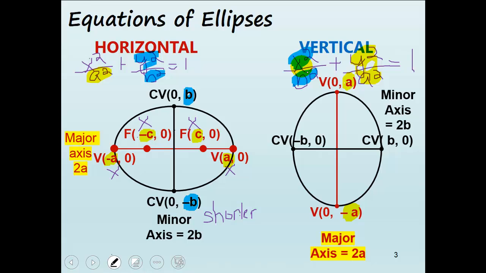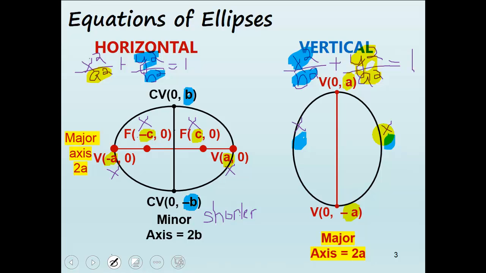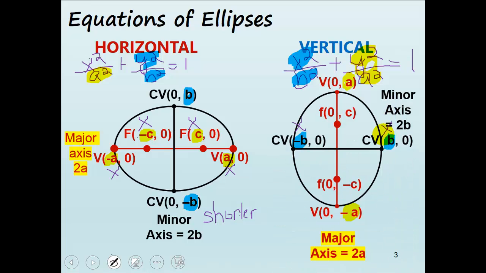And notice where my negative b and my positive b are. It is in the x spot. That's not a coincidence, okay?